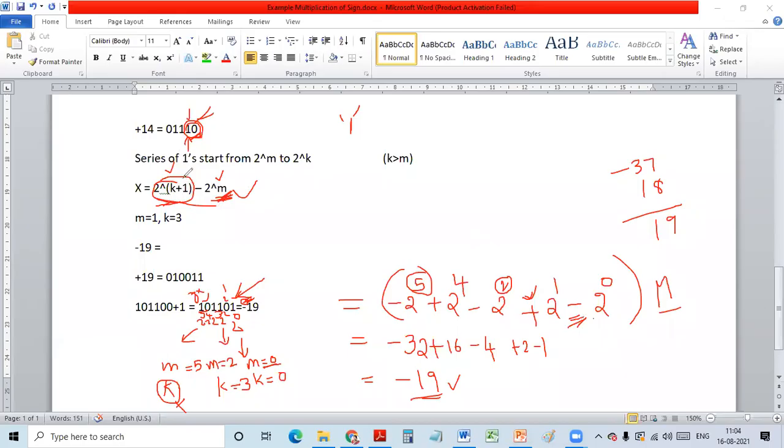Whenever we have the k term, that has to be added. Okay, when we encounter the k term, till 2 power k, so after this you should have a 0.